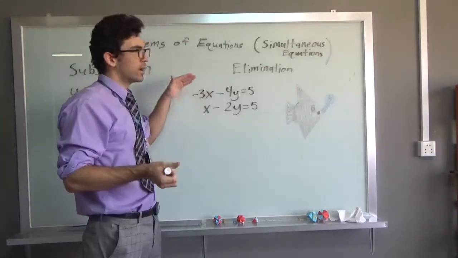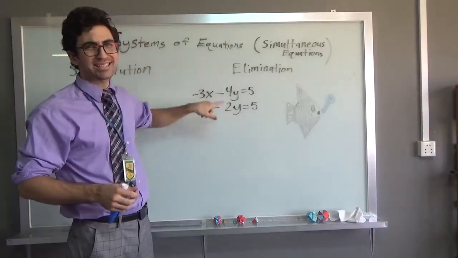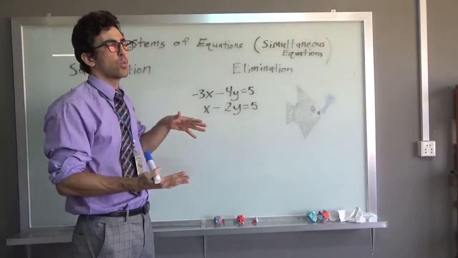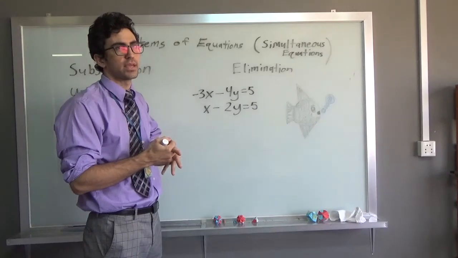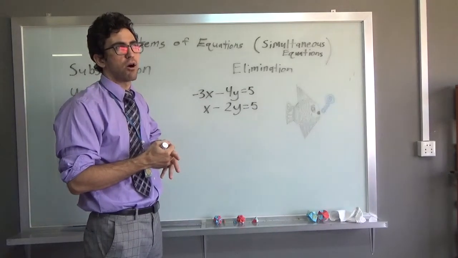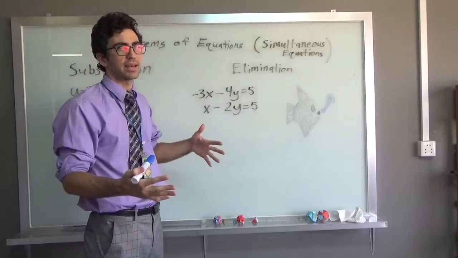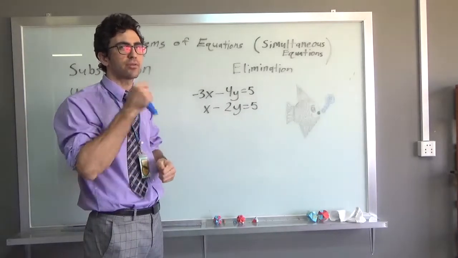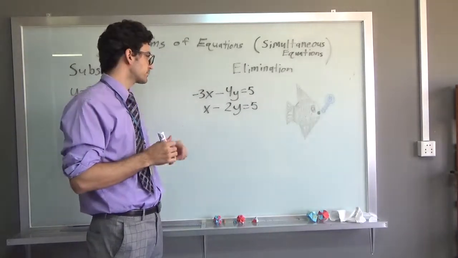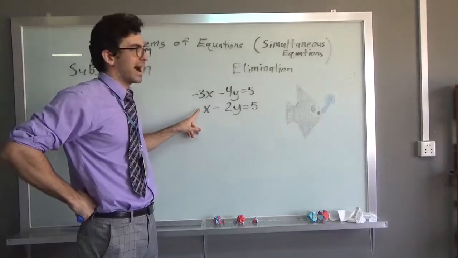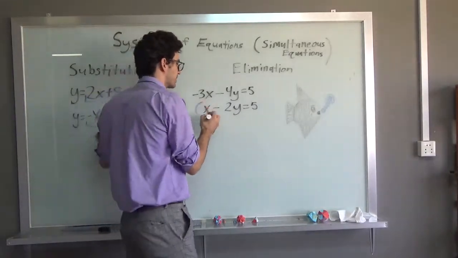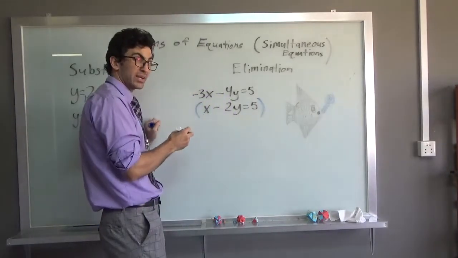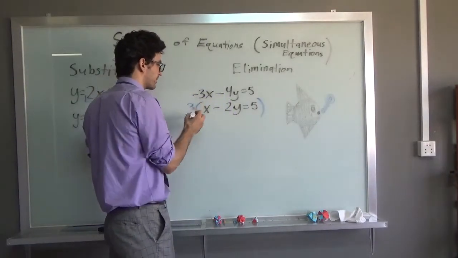So what we want to do is create a situation where, when we combine them, we are eliminating one of our variables. We can get rid of our x or we can get rid of our y. So I think the best thing that we could do is multiply this whole equation by 3.